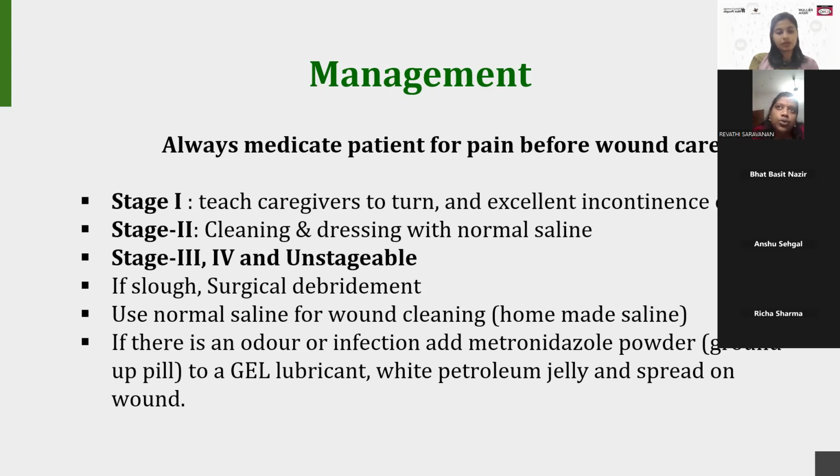Through the surgical debridement, we have to remove the slough or other exudate products in a very sterile method. Okay. Then use normal saline for wound cleaning. You have to advise the patient to undergo surgical debridement anyhow. Then after that, you have to use normal saline for wound cleaning.